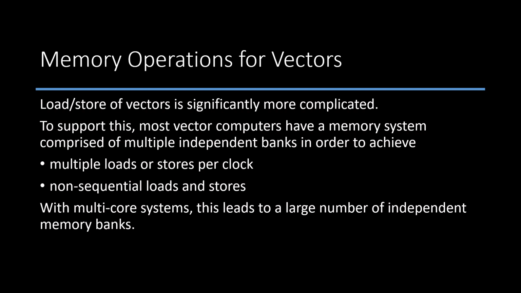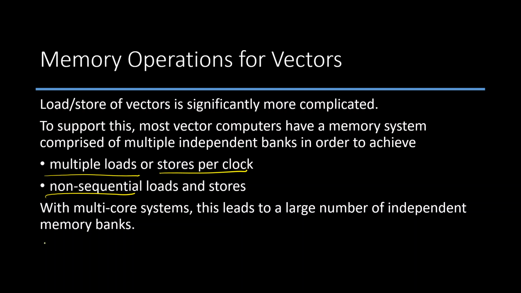Most of the time, we have these memory systems that have multiple independent banks in order to give us the opportunity to load things or store things multiple bytes in one clock cycle. It also means that we might not have things loaded and stored in exactly the same order that they would appear in, say, the array or appear in, say, our code.